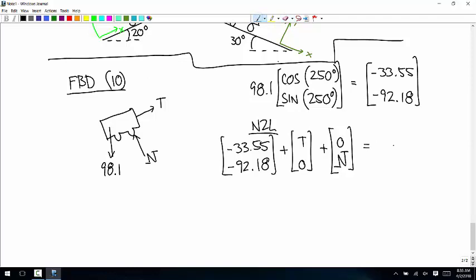And all that's equal to the mass of 10 times the acceleration that's only horizontal, so I'll just write that as a0.